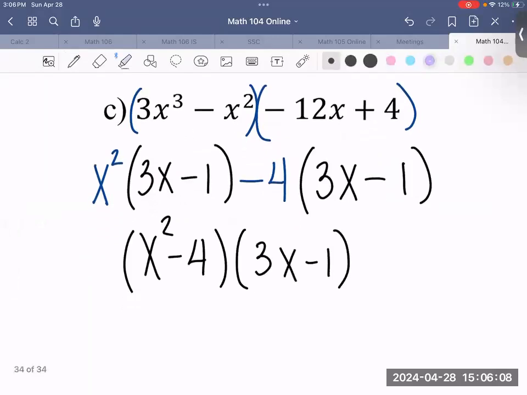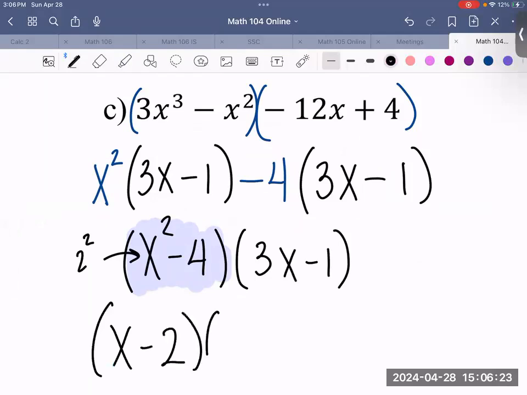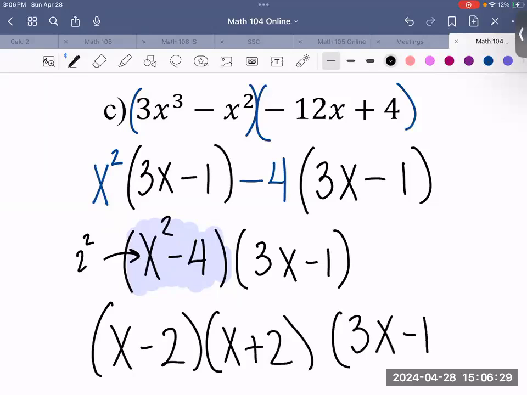Now, what is this one called? This one is called your difference of squares. So 4 squared is another way to say 2 squared, which then we can break down a little bit further, which if you now realize I made my mistake, please go back and fix it.